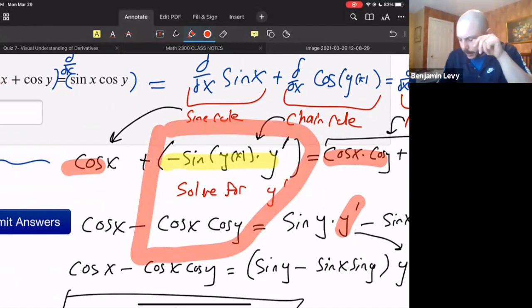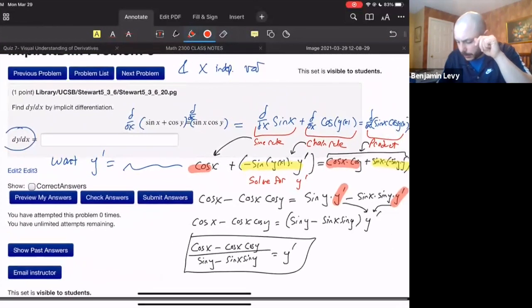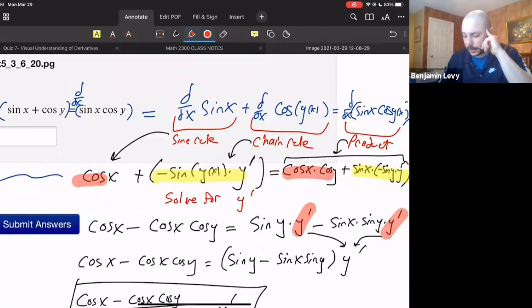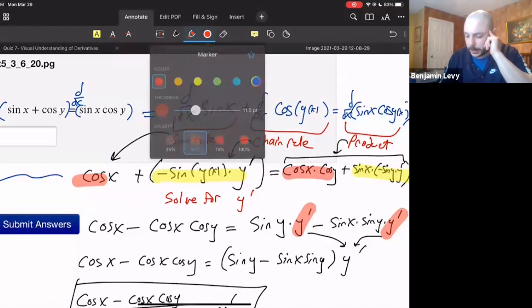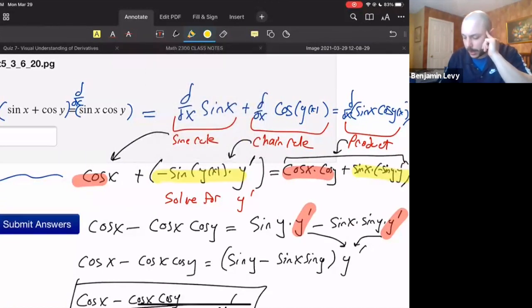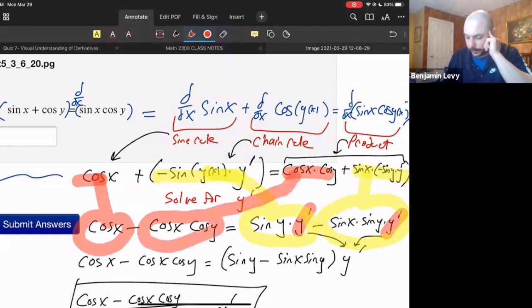So I grouped the things that were together. So the things that are highlighted in yellow ended up on the same side, and the things that are highlighted in red ended up on the same side. So this went right here. This is right here. And then this is right here. This is right here.